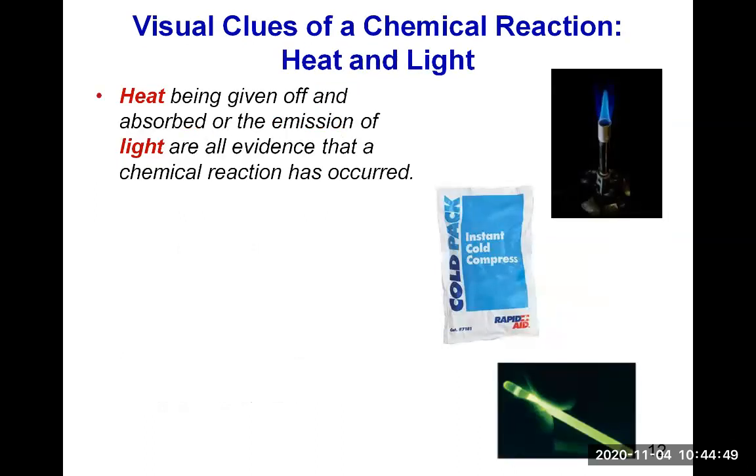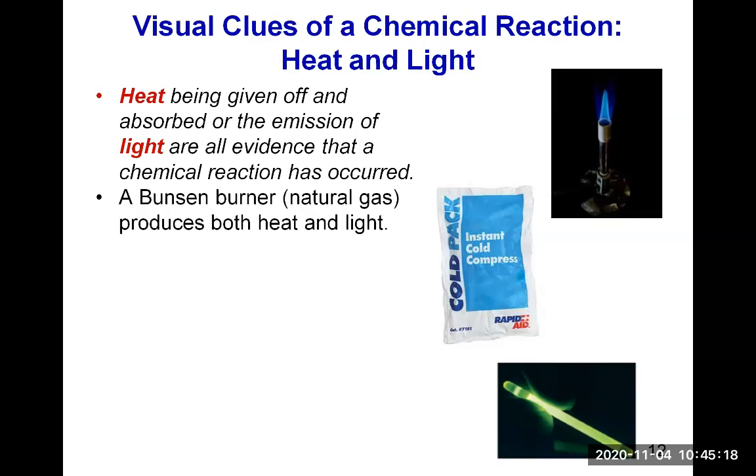And finally, the last visual clues of chemical reactions are heat and light. These are easily seen as well. Heat, it's something you feel with the touch, or with your hand. So heat being given off or absorbed, or the emission of light are all evidence that a chemical reaction has occurred.